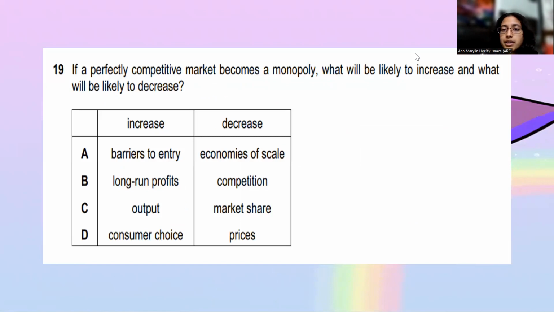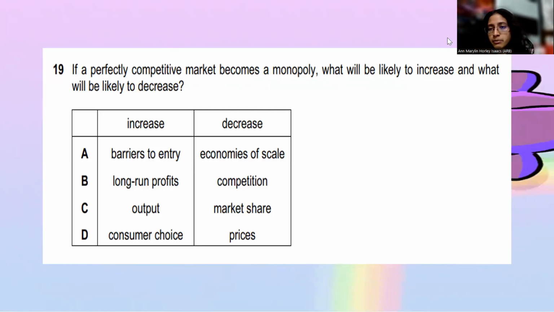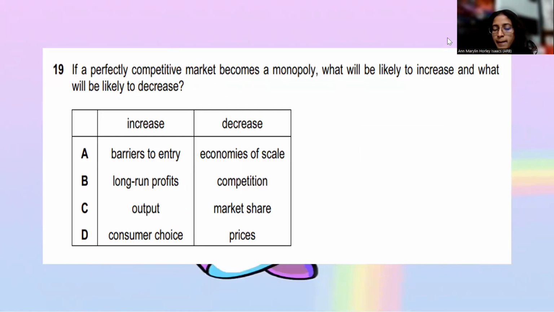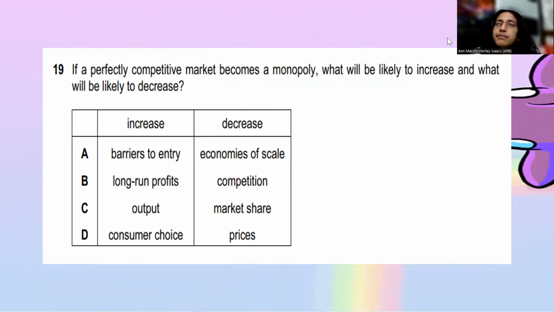In a perfectly competitive market, if it becomes a monopoly, what is likely to increase and what is likely to decrease? So we discussed a little bit about perfect competition and monopoly earlier. Perfect competition is where it's a homogeneous product. It's nothing special. Say, for example, there's this thing called drop shipping.